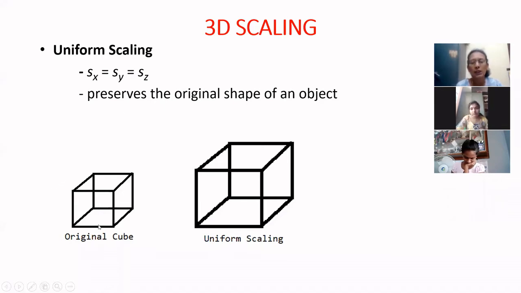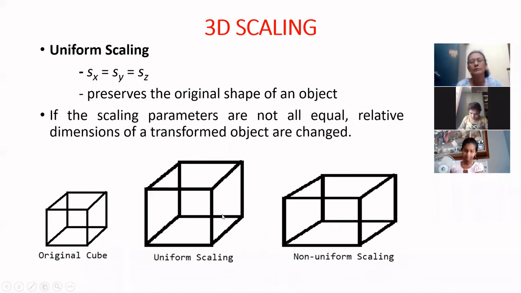You see you have a cube. Say I scale by Sx equal to Sy equal to Sz equal to 2. Then this is the figure that I get. You see that the cube remains as a cube. Now suppose our scaling parameters are not all equal, then the relative dimensions of the transformed object are changed.